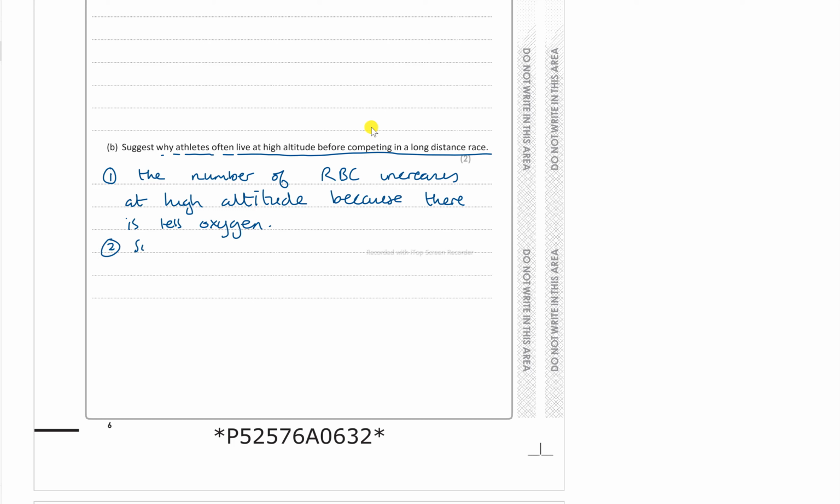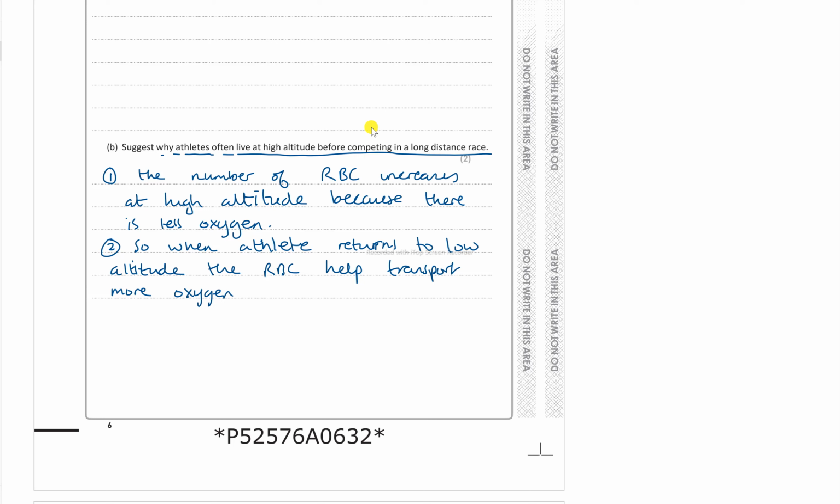So when the athlete returns to low altitude, the red blood cells help transport more oxygen for aerobic respiration.